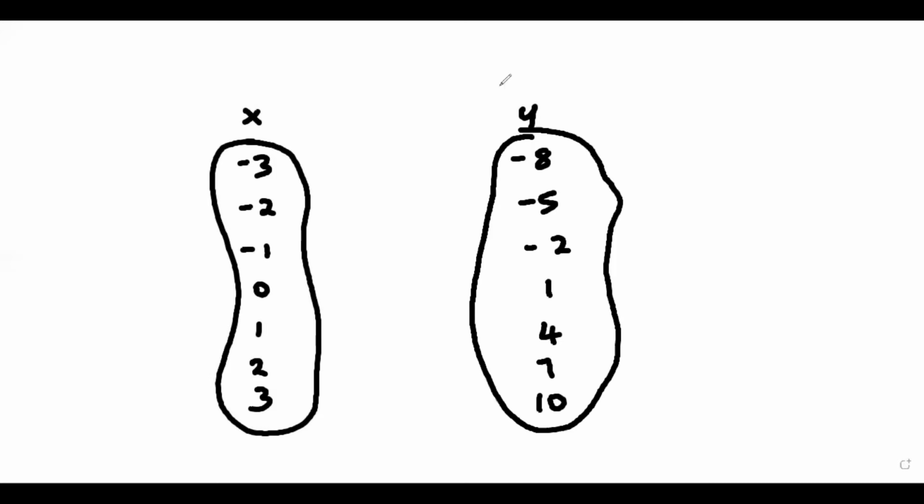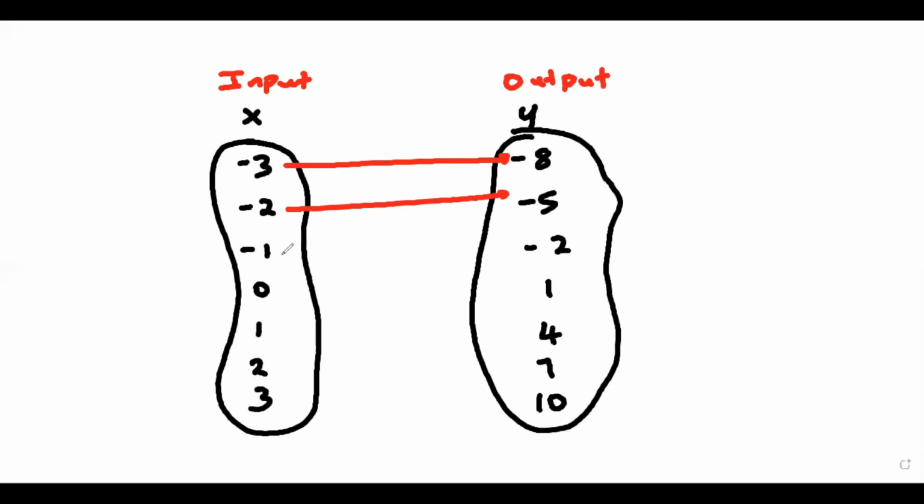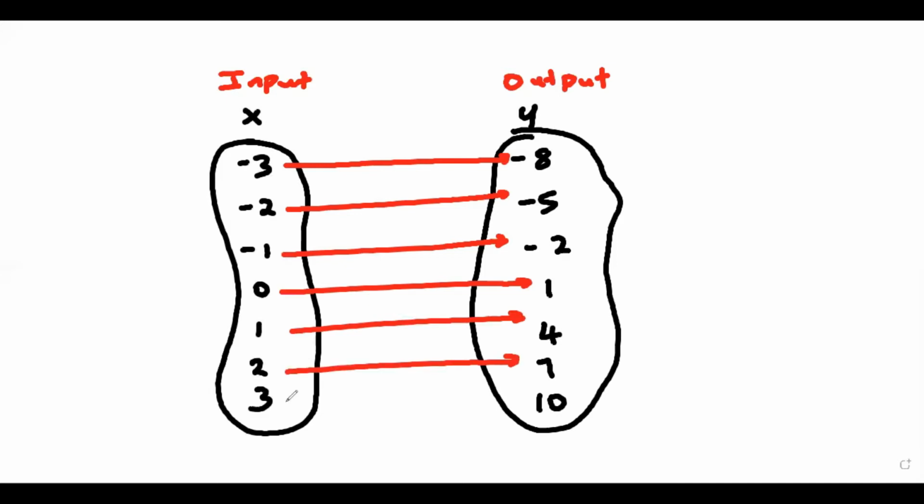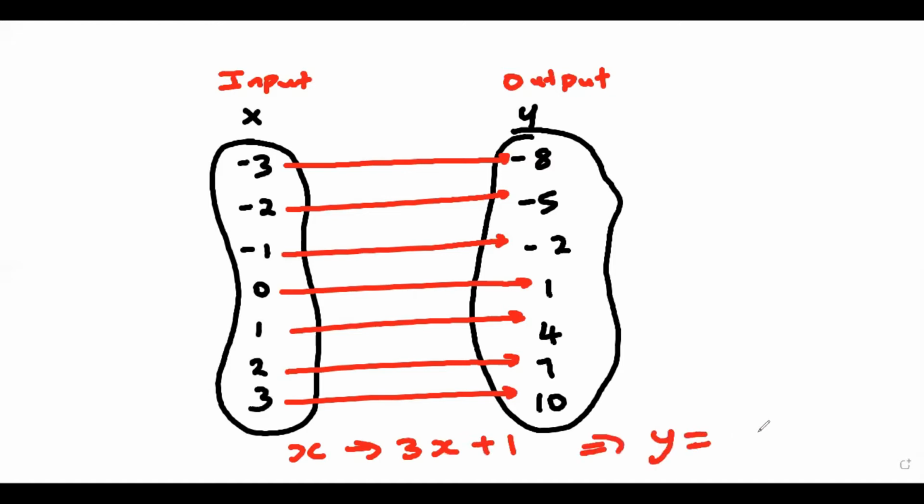So what this is saying is that each input or domain has a corresponding output or range. So this maps to this here, this to this, and so on for each one. So it's saying x is mapped to 3x plus 1, which is the same thing as saying y is equal to 3x plus 1.